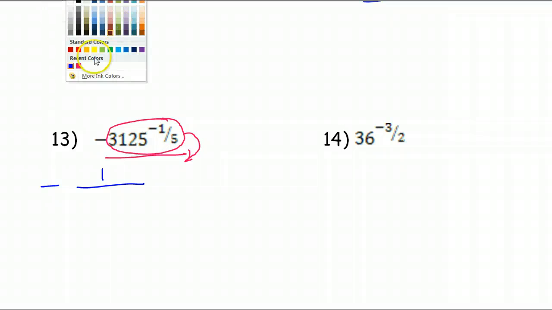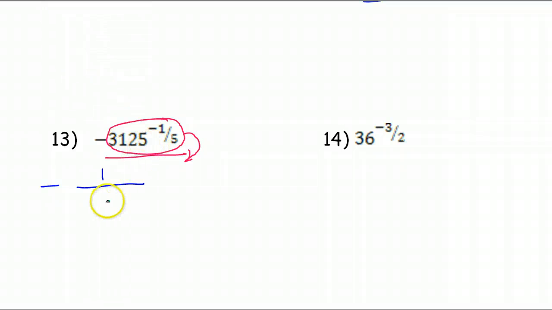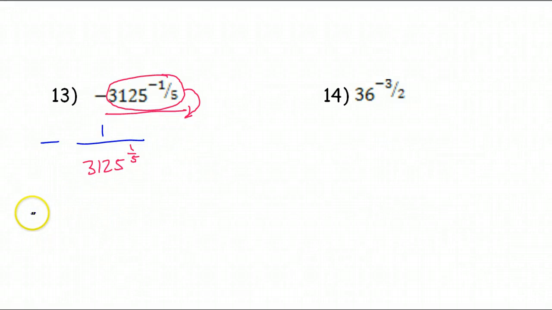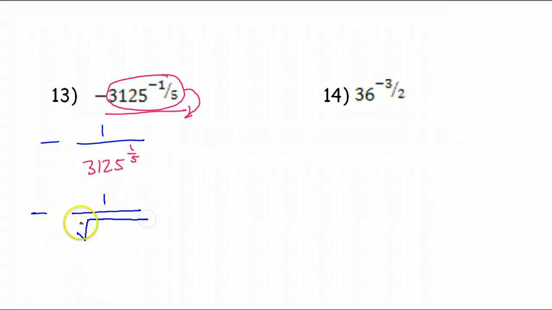Once I drop it down, I'm going to have 1 over 3,125 to the 1/5 power. Now if I write this in radical form so I can see what I'm dealing with, I've got 1 over 1/5. This 5 is a root, so I'm dealing with the 5th root of 3,125.